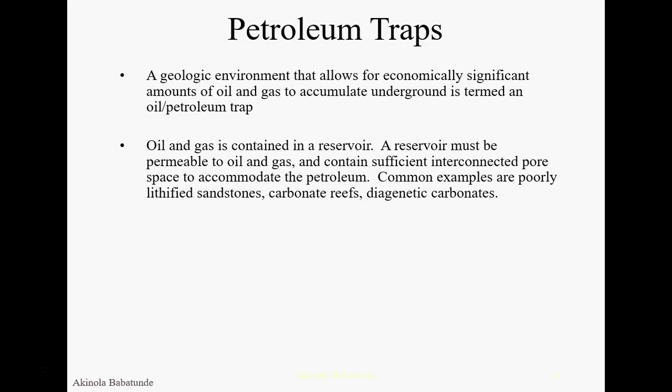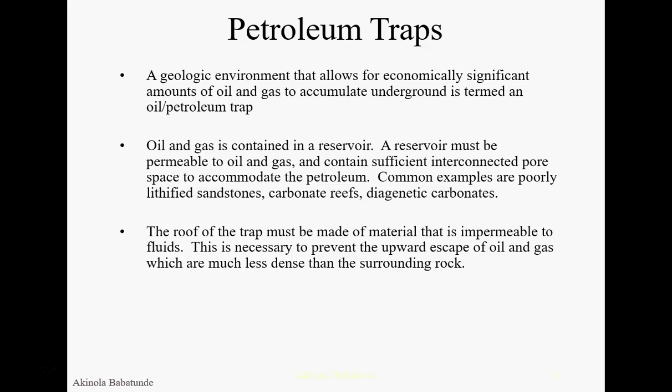Common examples are poorly lithified sandstones, carbonate reefs, and diagenetic carbonates. The roof of the trap must be made of material that is impermeable to fluids. This is necessary to prevent the upward escape of oil and gas, which are much less dense than the surrounding rock.